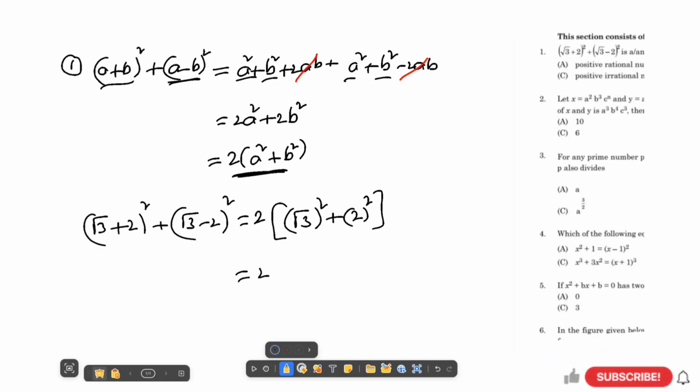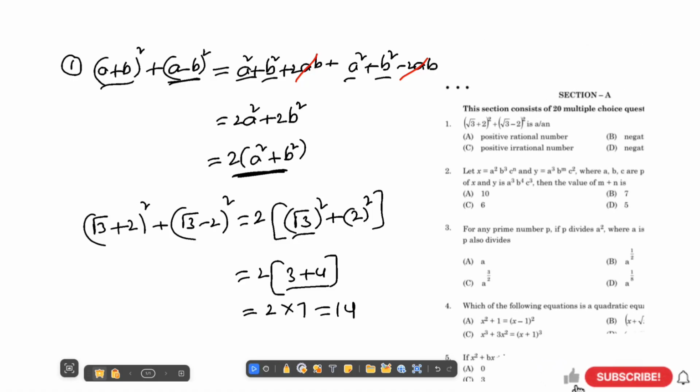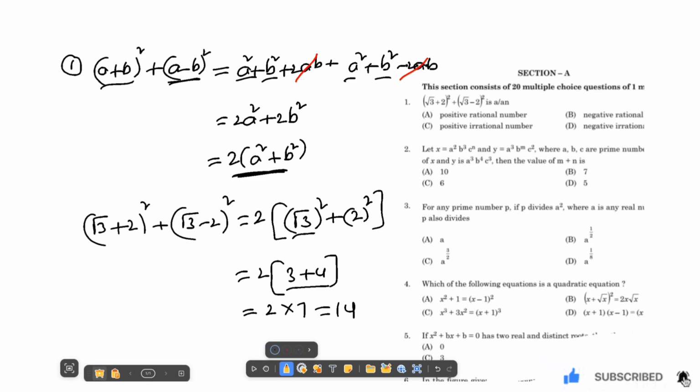So it is equal to 2 times (root 3 whole square is 3, 2 square is 4). 2 into 7, which is equal to 14. 14 is a positive rational number. So which option is right here? Option A is right.